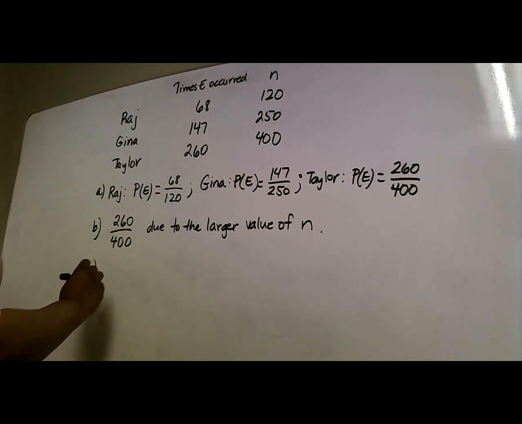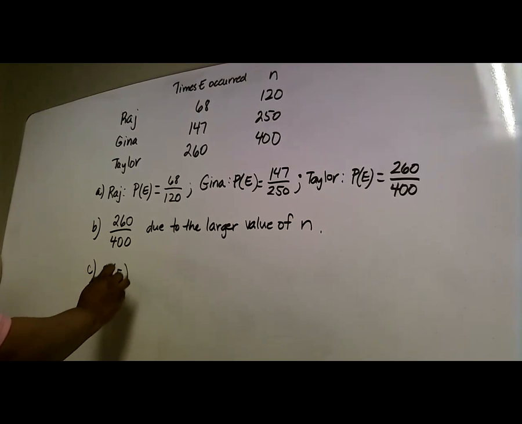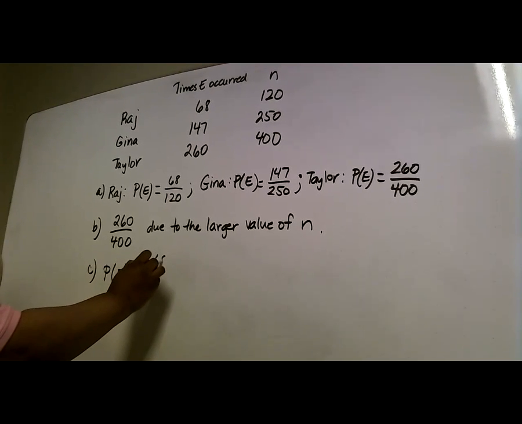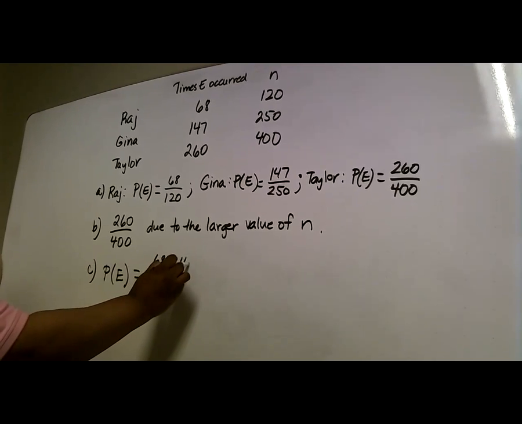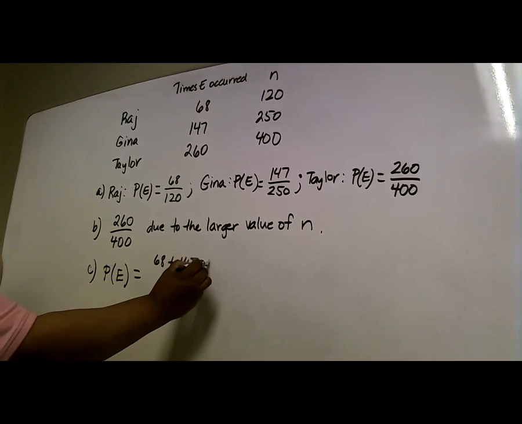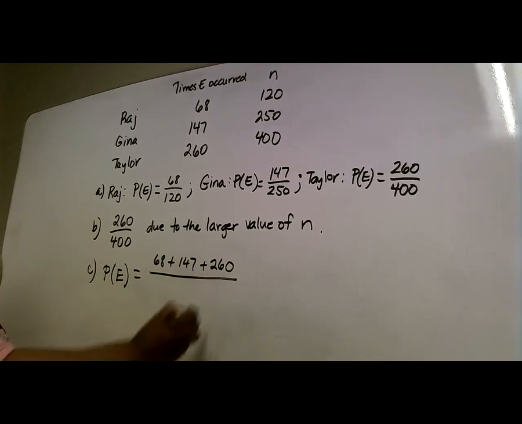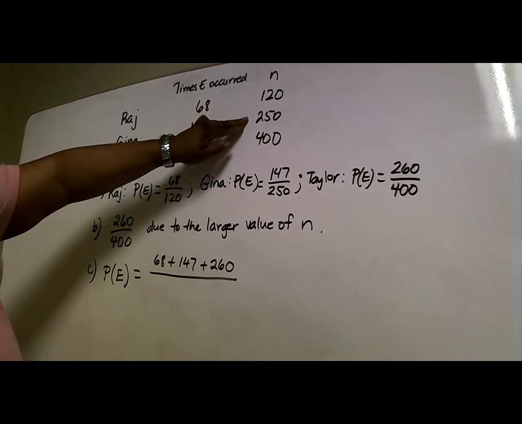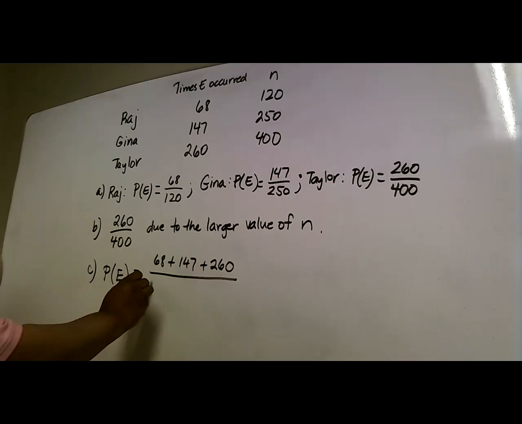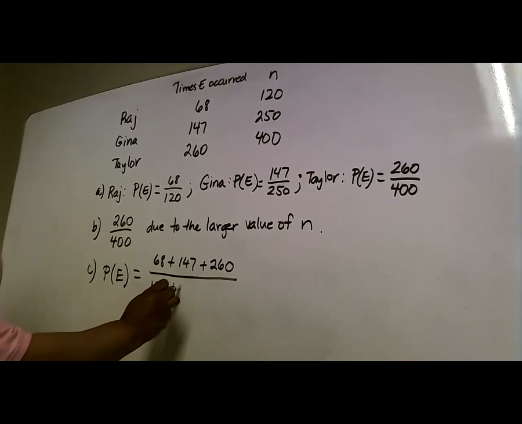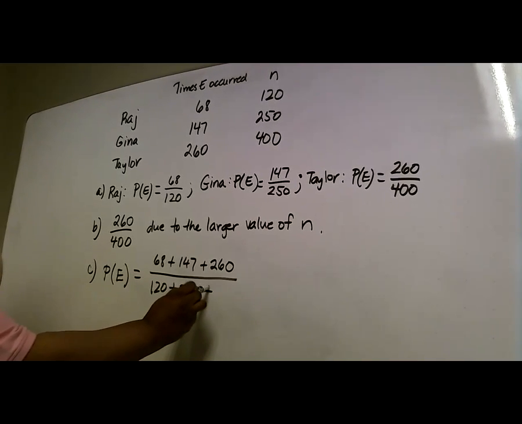So the probability of event E will be the sum of the number of times event E occurred divided by the sum of these n values, 120, 250, and 400.